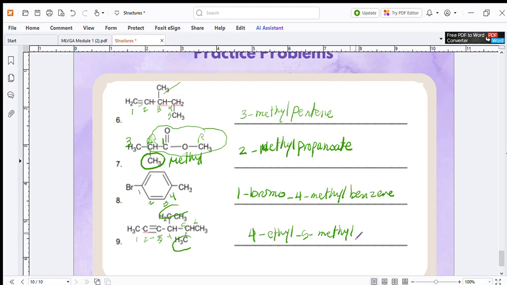Then sabihin natin hex kasi 6 carbons po ang mother chain. Then i-locate natin kung saan ba ang triple bond. Nandoon po siya sa carbon number 2. Then isusulat natin ang suffix niya, which is yne. So 4-ethyl, 5-methyl, hex-2-yne.